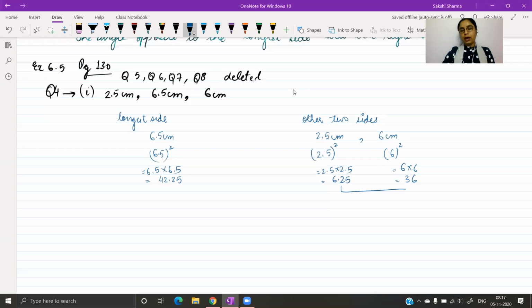And I told you we have to add the other 2 sides' answer. And as you can see, the answers match. So you have 6.5 square, whatever the answer is for this one. We have already calculated it's 42.25. It is equal to when you add the squares of these two.